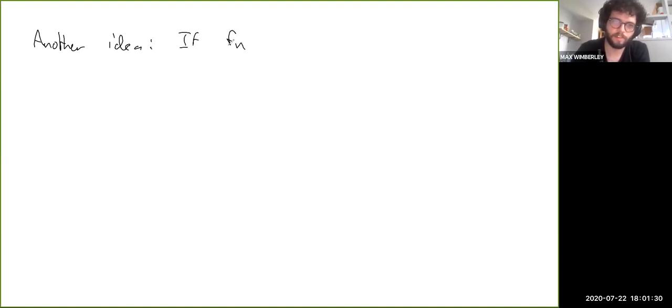This is just going to be another great little reminder of just how useful this can be sometimes, right? If fn is uniformly continuous on (a, b), what else can we do with fn? I'm trying to really telegraph the idea here.